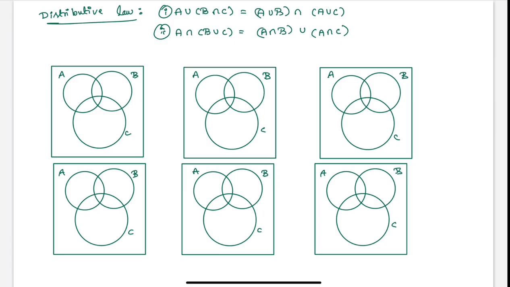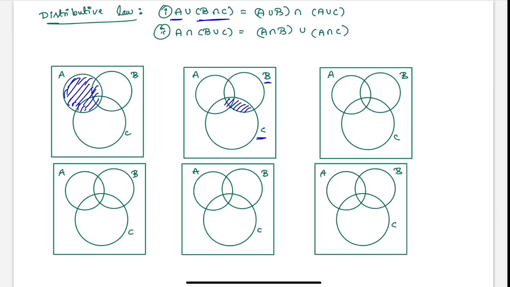First, what do we need? We need A. So I'll shade A. This entire thing is A. Then what do I need? B intersection C. This is B, this is C. These two intersect here.